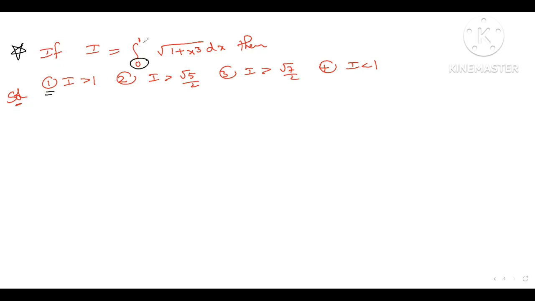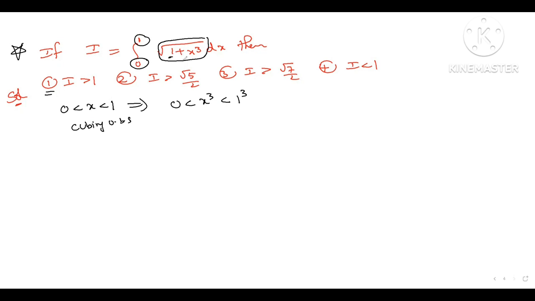Between 0 to 1, the x value lies between 0 and 1. Now we make this condition into the root of 1 plus x cube combination. Cubing on both sides, we get 0 less than x cube less than 1 cube.